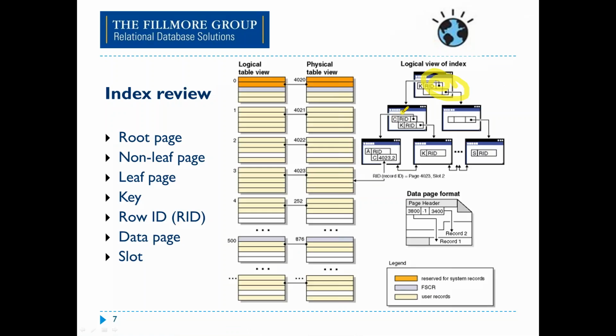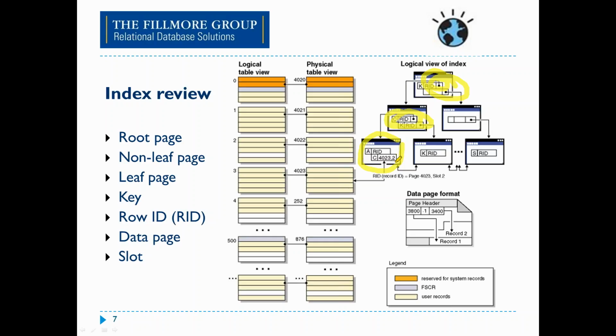So we have a non-leaf page here with key values of C and K. These correspond to the leaf pages that are below it. So in the very first leaf page on the left, the highest key value found is the letter C, and that corresponds to a RID or row ID of the physical location of the data on a page, in this case, page 4023, slot number 2, so I can find that row.